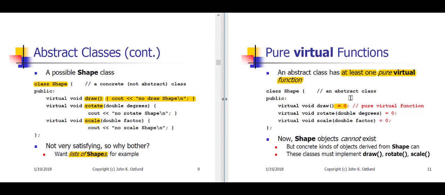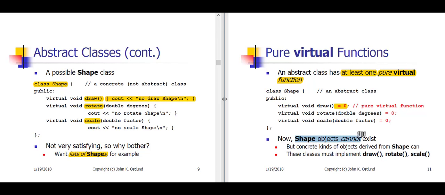The functions are virtual, and therefore specific implementations of these functions, specific overrides of these functions, must be defined in each derived class. So if we say that a square is a kind of shape, then we have to implement draw and rotate and scale for squares. And if we say that a line is a kind of shape, we have to implement draw and rotate and scale for lines, and so on.